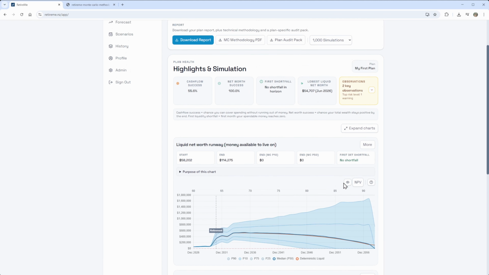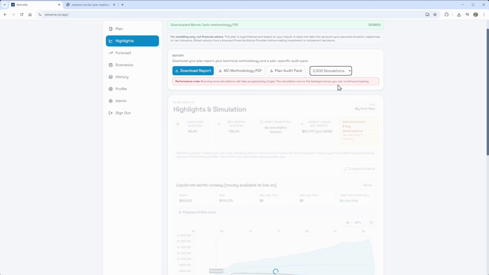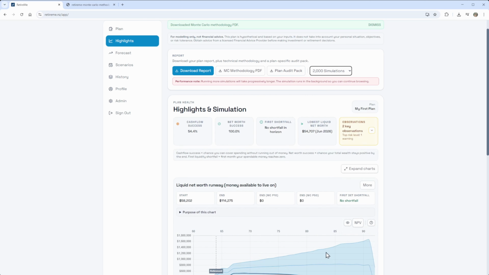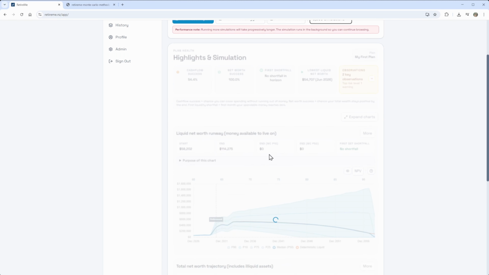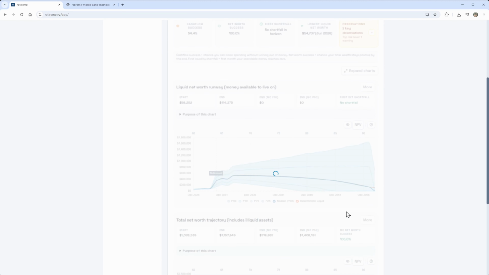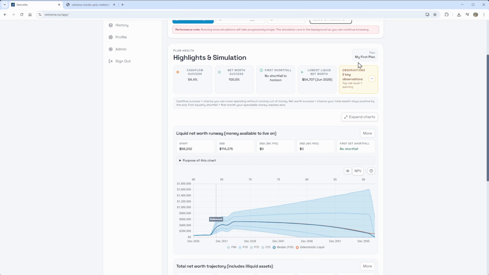You can actually increase the number of simulations. The more accurate you want it to be, the higher the simulations, but it gets slower. So 2,000 simulations will take a couple of seconds. We can knock it up to 5,000 simulations, depending on the speed of your device, because it's all running on your computer. And you can see there's been a change, right?